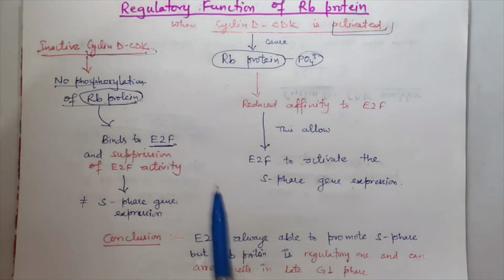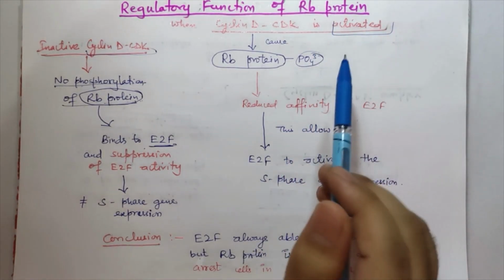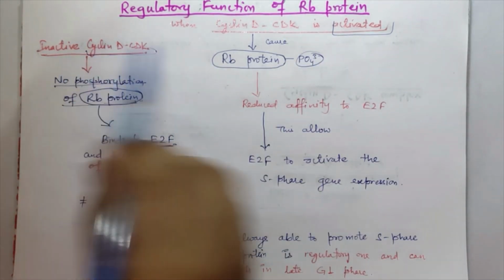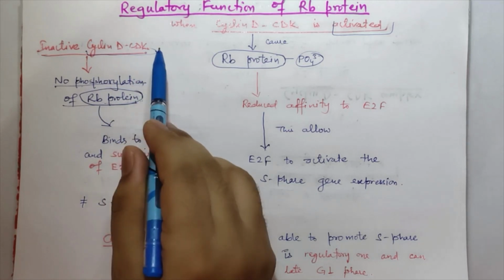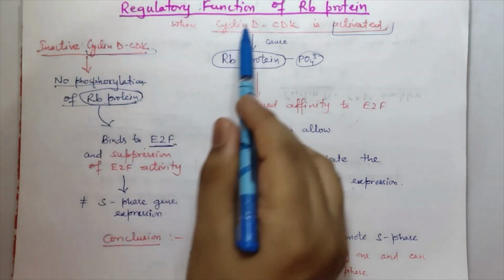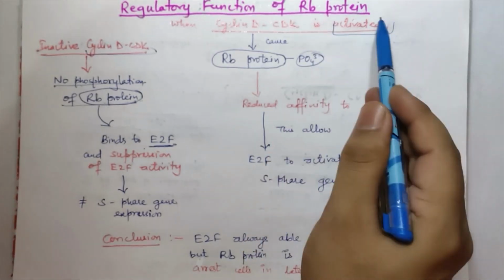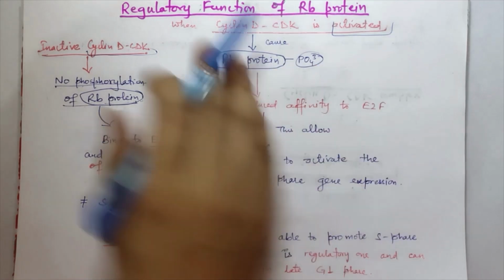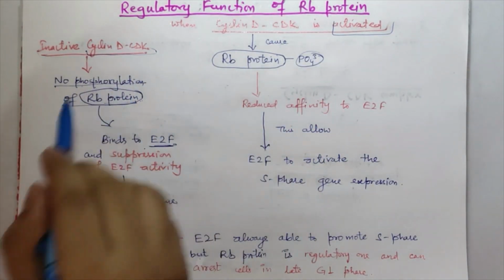Now coming to the regulatory function of RB protein, how it arrests the cell cycle at G1 phase. It has two scenarios. When there is no formation of the cyclin D-CDK complex, it is inactive, but when the cyclin D-CDK complex is formed, it is active for this RB protein. They have two differential functions with respect to this substrate protein.